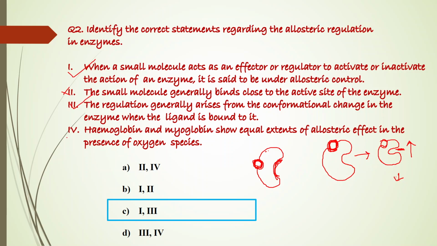And the fourth one is that hemoglobin and myoglobin show an equal extent of allosteric effect in the presence of oxygen. No, this statement is not correct because hemoglobin has 4 subunits. Whenever one oxygen molecule binds to one of the subunits, it changes the protein in such a way that the other subunits become more active to take up oxygen molecules.